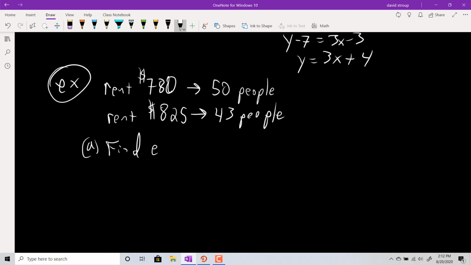Find basically the equation of a line, which is weird, is they want you to use x for the rent, and no, strike that. P for people and X for rent. And they want it as a function X of P. Okay, so where X is the, I guess maybe I got that wrong. X is the number of people.